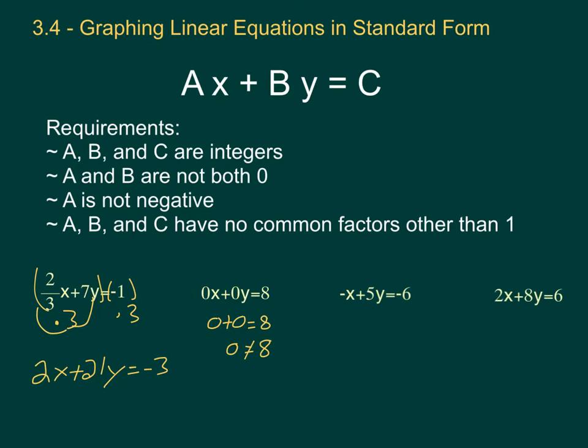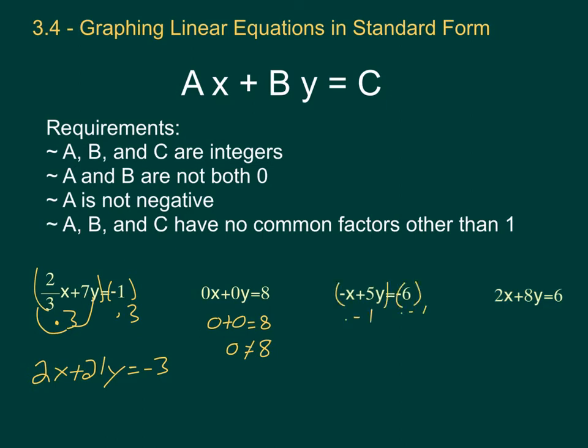Looking at the third example, where we have -x plus 5y equals -6. This violates the third rule because a is my coefficient of x, and here it's -1. But a is not supposed to be negative. The way to fix that is to multiply everything by a -1.